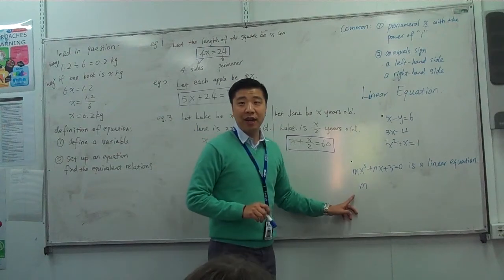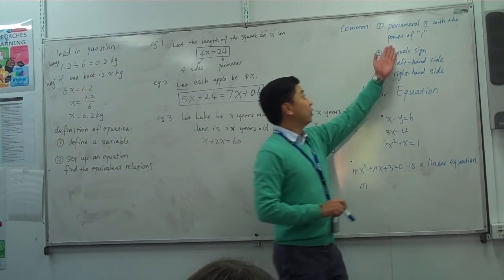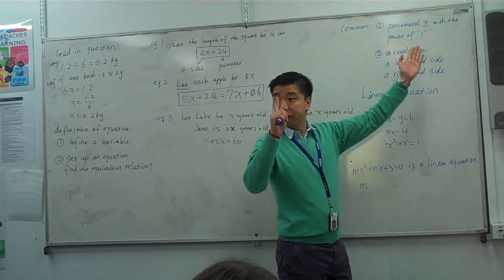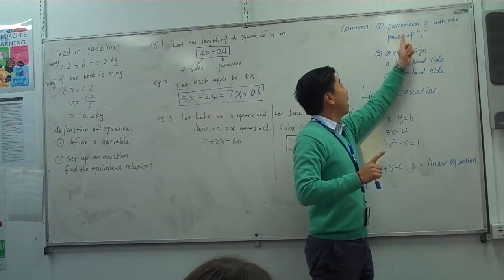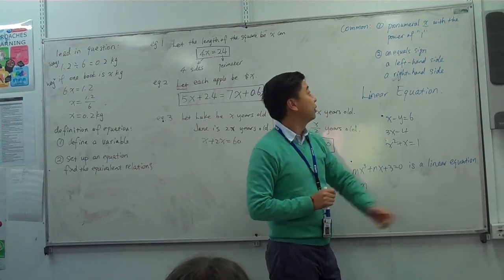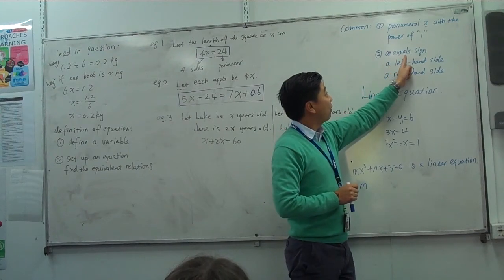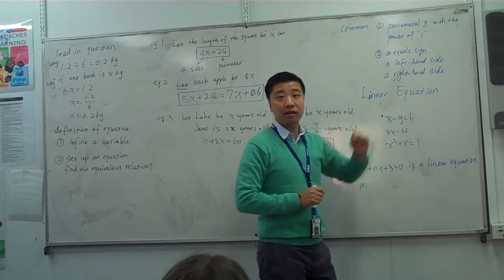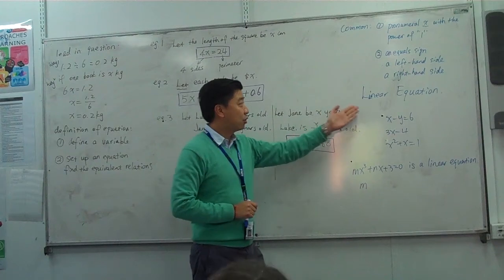What is the value of m? One pronumeral. Okay? And then the power is 1. It should have equal sign, left hand side and right hand side. And this is called linear equation.